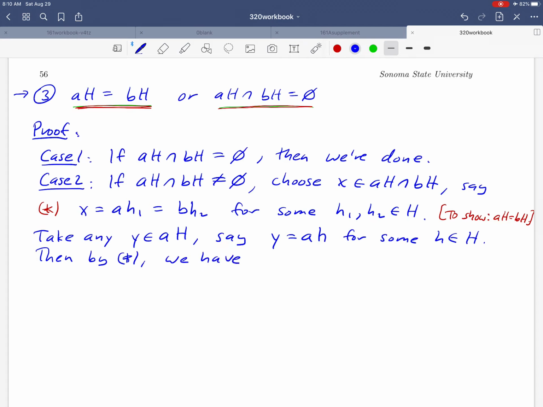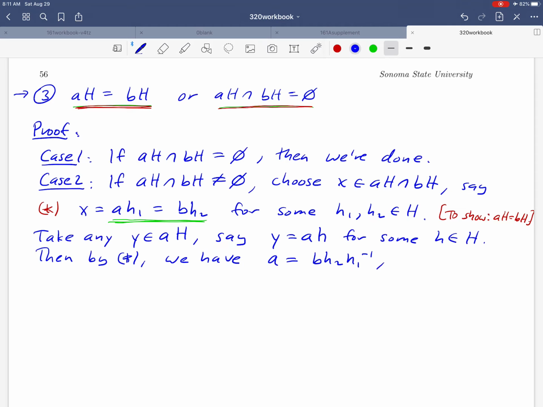In particular, I want to focus on the part of star that says that A times H1 equals B times H2. We can take that equation and actually solve it for the variable A by multiplying both sides on the right by H1 inverse. So that means that A is going to look like B H2 times H1 inverse. Again, that just comes from this equality here that I'm underlining.